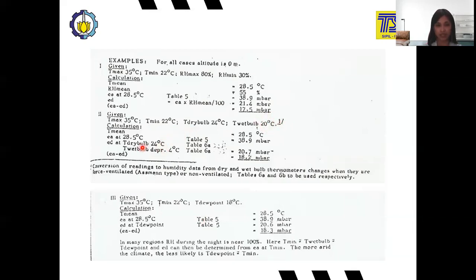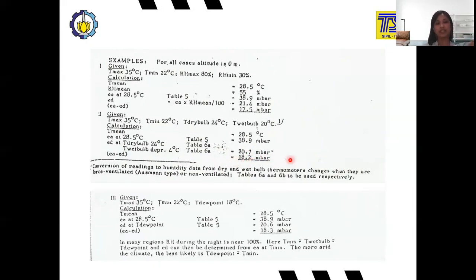And then after that, we look for the data in table 6A. And we got this 20.7 mbar from table 6A. And then we can calculate the differences between those two vapor pressure. And we got 18.2 mbar.